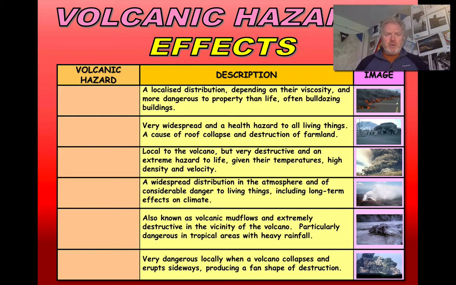What I'd like you to do is match the 6 types of volcanic hazard, the 6 types of product that you've just seen in those linked videos, with the descriptions of their effects. Press pause now and have a go at that activity.